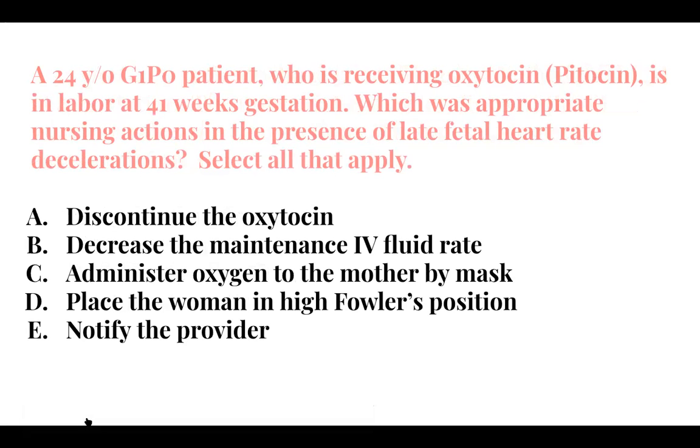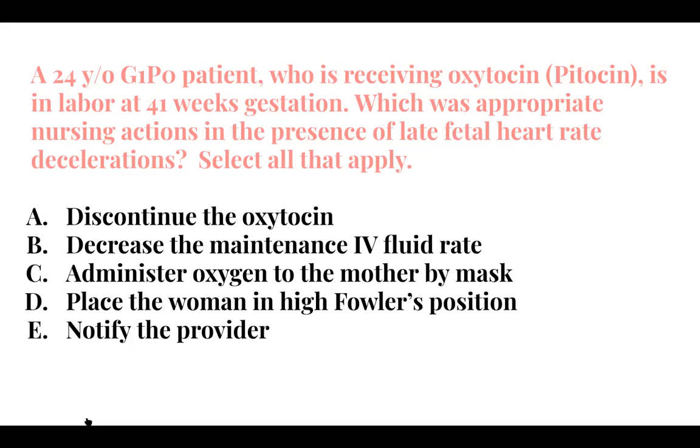All right, a 24-year-old gravida 1, para 0 patient who is receiving Pitocin is in labor at 41 weeks gestation. Which are appropriate nursing actions in the presence of late fetal heart decels? Select all that apply. So the answers are A, C, and E. So you want to discontinue the oxytocin.